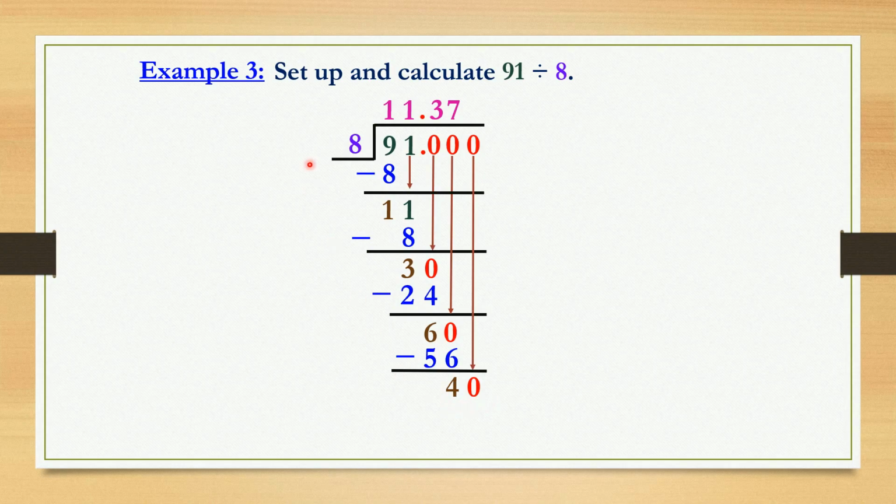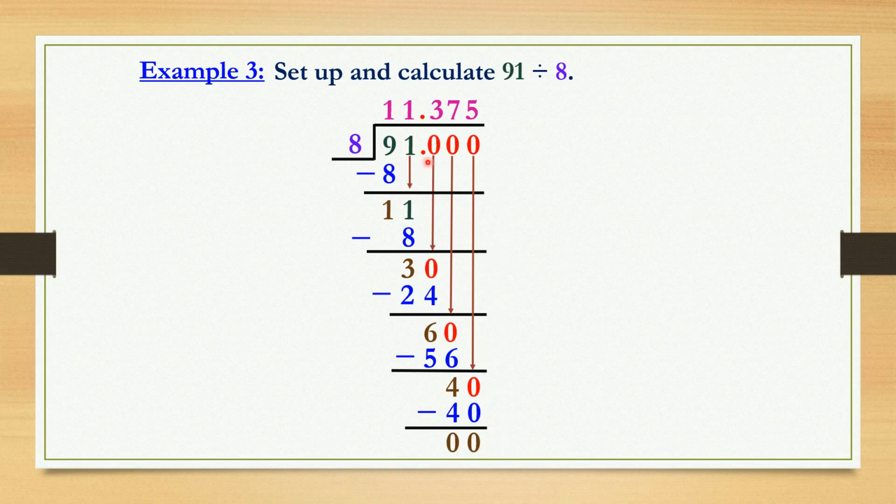Now 40 divided by 8. 40 is a multiple of 8. We write 40. 8 times what equals 40? It's 5. And the remainder is 0. Once the remainder is 0, my division has ended.